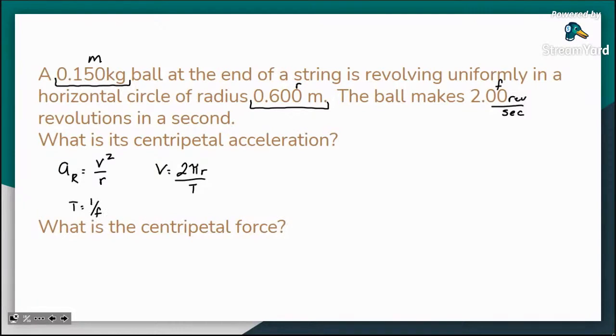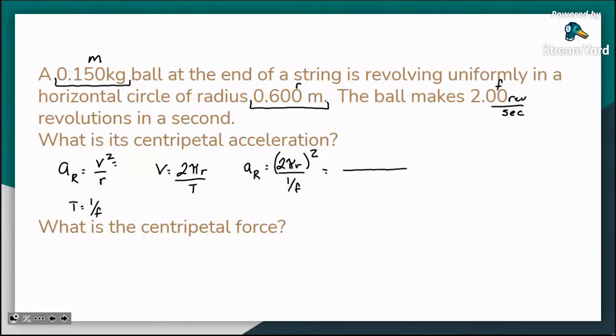So with these equations, I can now rewrite this so that acceleration radial will equal 2 pi r per 1 over frequency, and then that 2 pi r would need to be squared because over here velocity is squared.